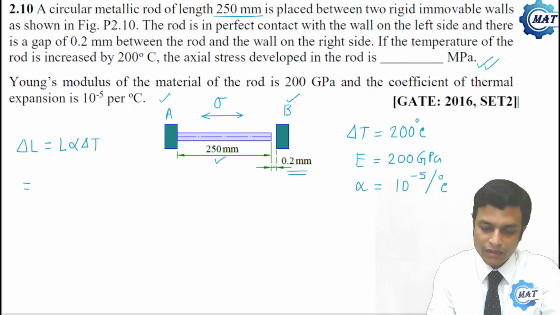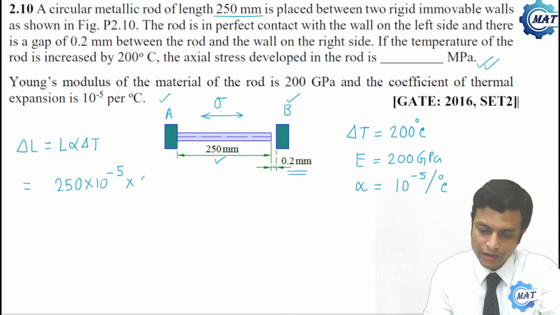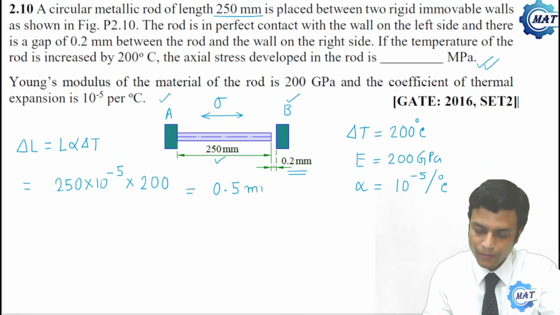Let us calculate the value. L is 250 mm. 250 into 10 to the power minus 5 into delta T is 200. Calculating this, we will get 0.5 mm.